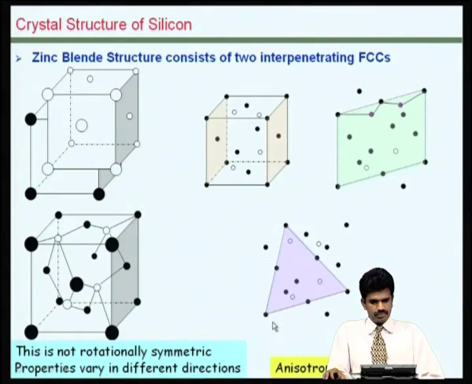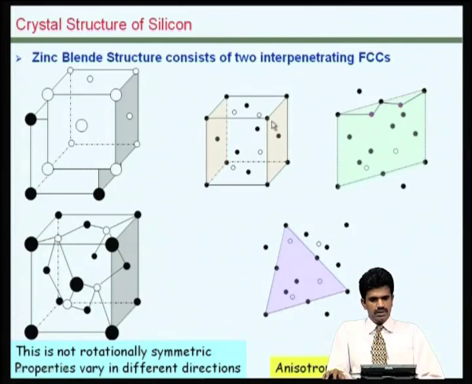In the context of the silicon wafer, which is essentially a zinc blende structure consisting of two interpenetrating FCCs, if you recall, this is one unit cell of that with a dimension A, which is the single lattice constant.